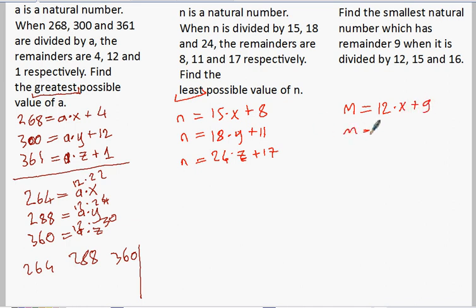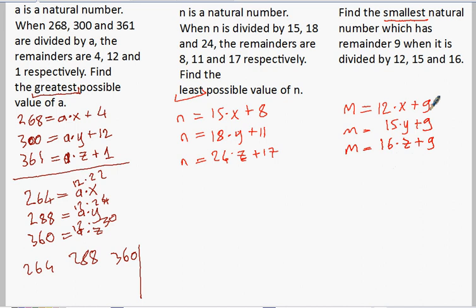When you divide m by 15, a result, and the remainder is 9 always. For each of them, the remainder is the same, which is 9. When you divide this m by 16, there is another result, and the remainder is 9.